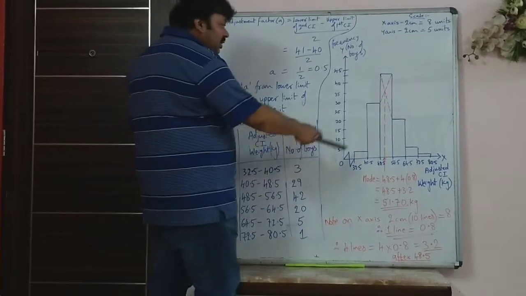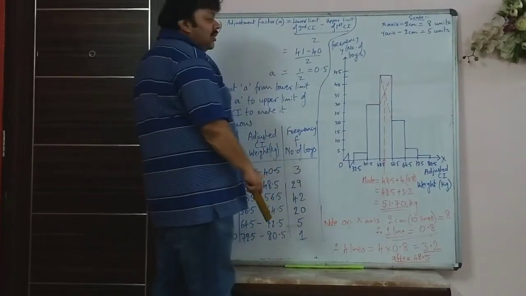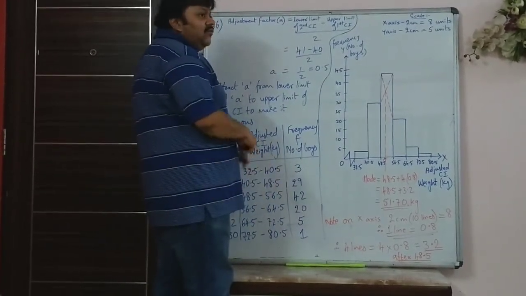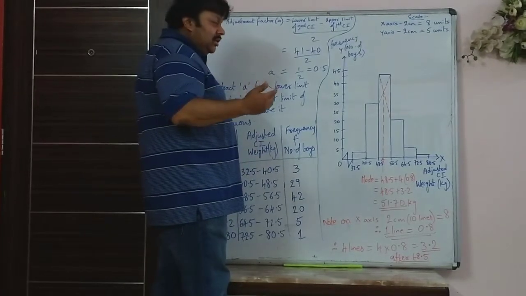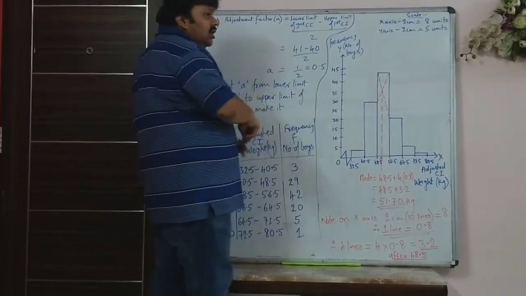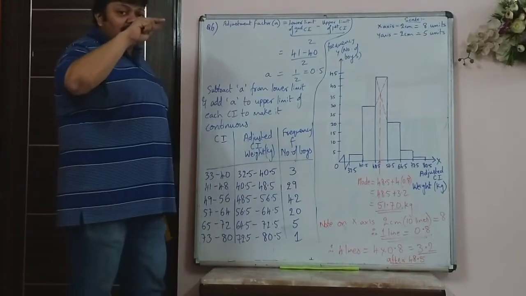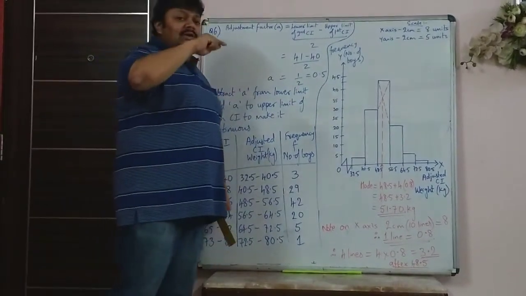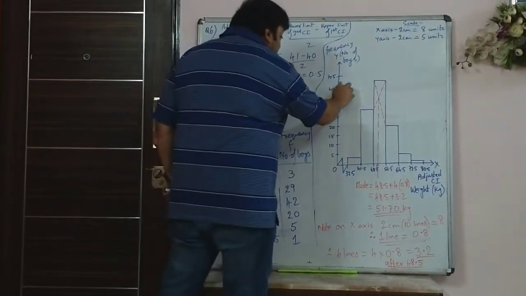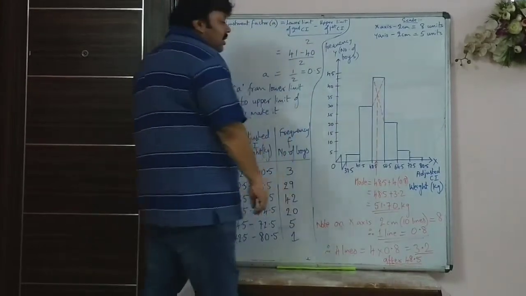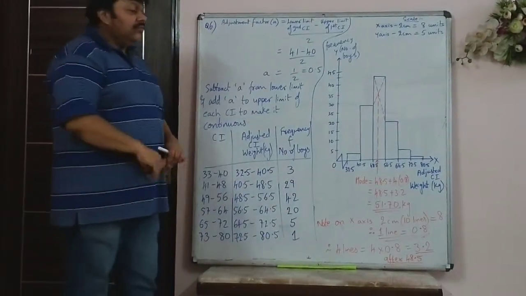The next one is 42. 42 will be exactly 4 lines above 40: 40, 40.5, 41, 41.5, 42. So exactly 4 lines above 40, you will get 42.